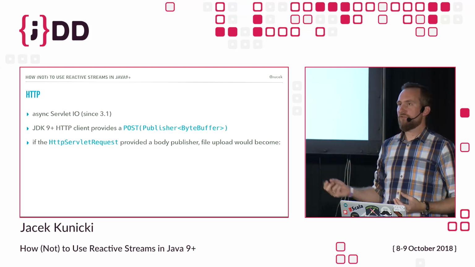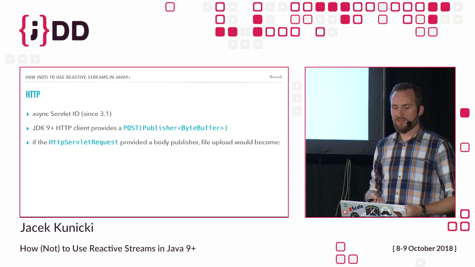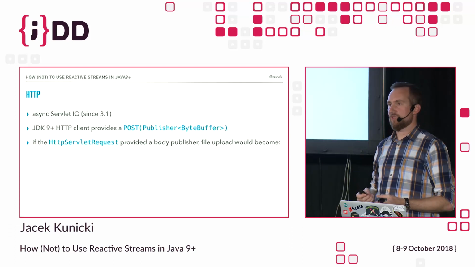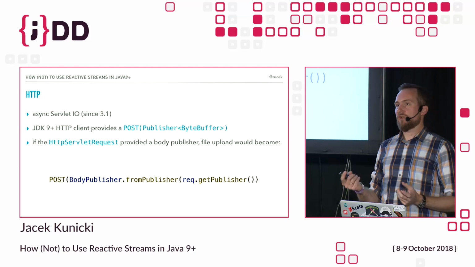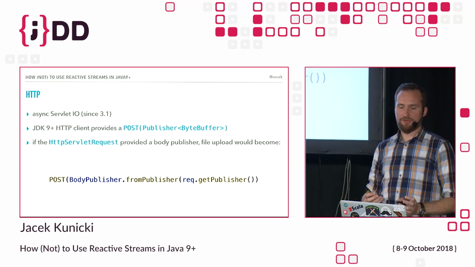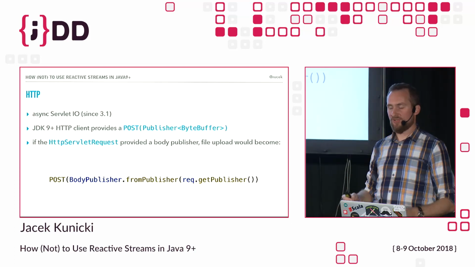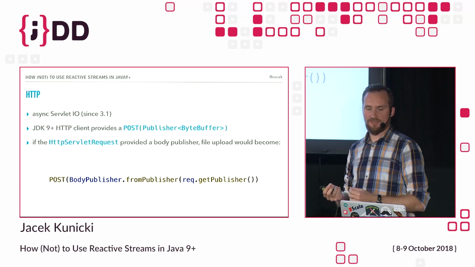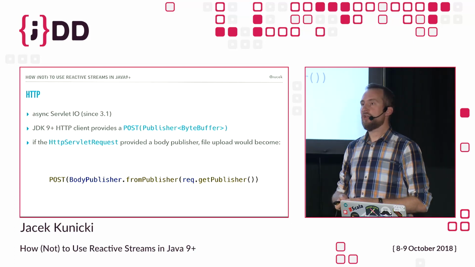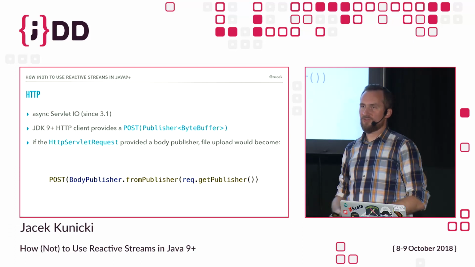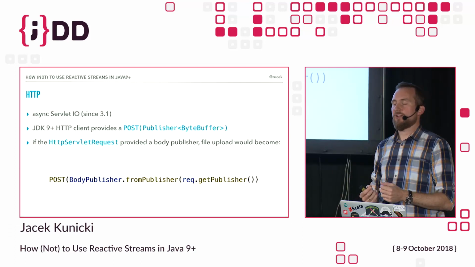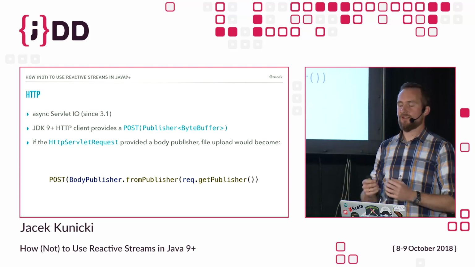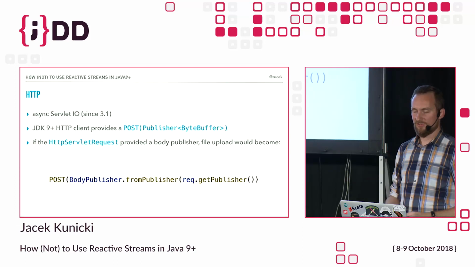If we imagine that HTTP servlet request provided a body publisher, it does not, but if it did, and you think of file upload, it would become a really simple thing, because you would just call post with the publisher supplied by the HTTP servlet request. At the moment it does not support it, so it's not doable in such a simple way. But it would be nice to have something like that, because then you would have a reactive file upload with backpressure, with all the signaling inside, with just a single call like that.